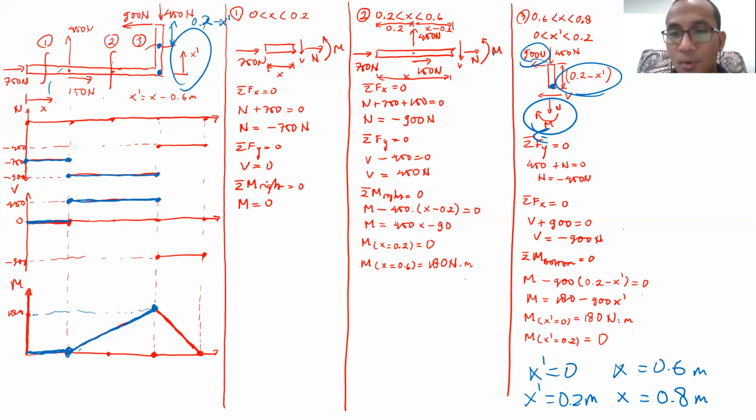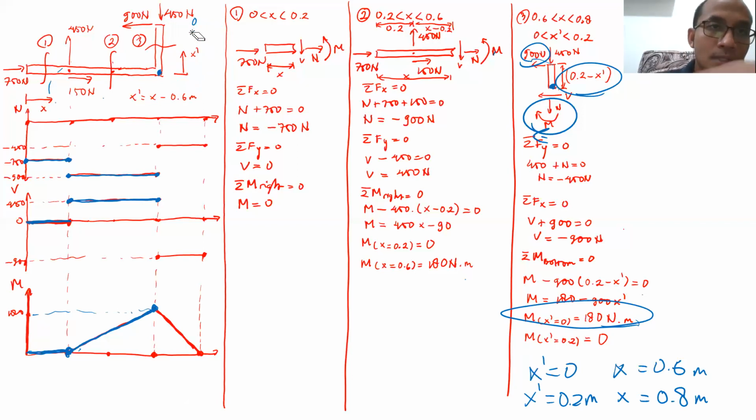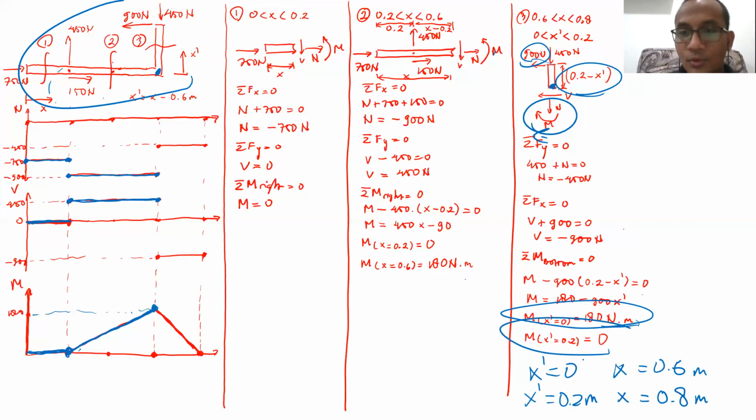So this particular point, xn equal to 0, is actually this particular point in the main free body diagram. And then xn equal to 0.2 meters, or x equal to 0.8 meters, is actually this particular point at the main free body diagram.